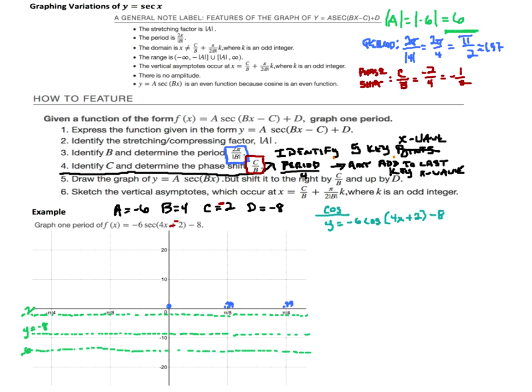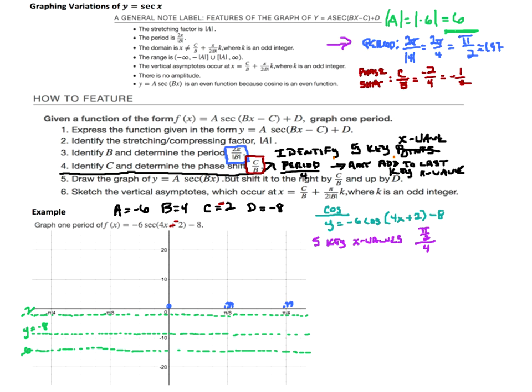Okay, so we are identifying, let me get another color here, our 5 key x values. First we want to take our period and divide it by 4. Our period is pi over 2. I got that right up here at the top.